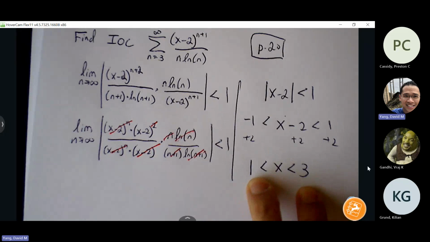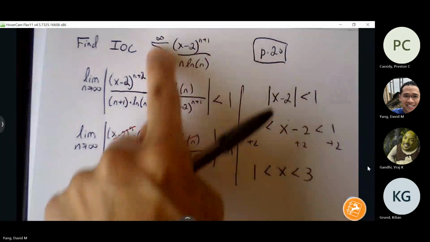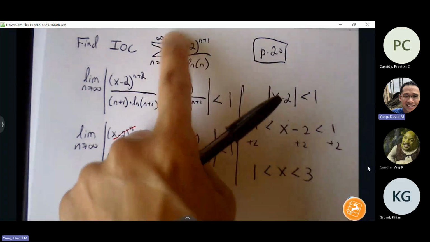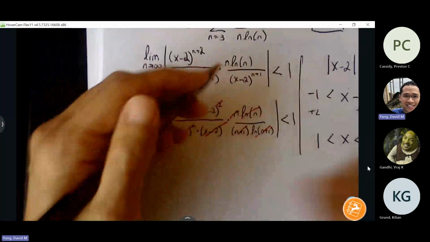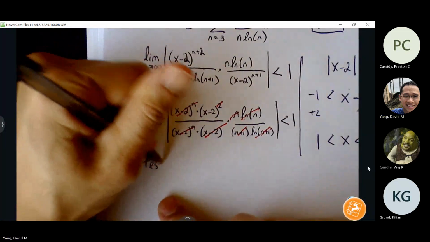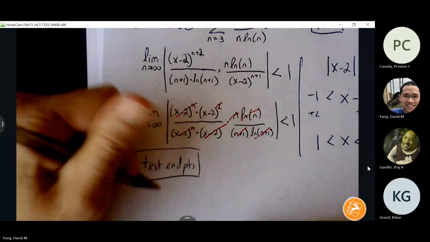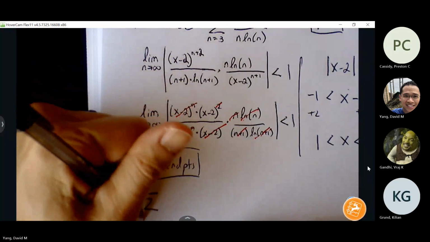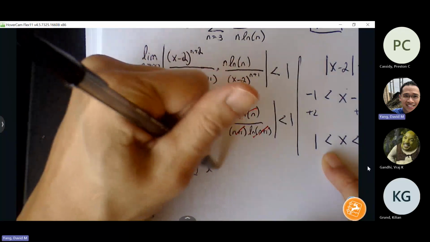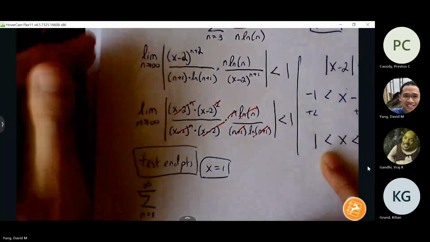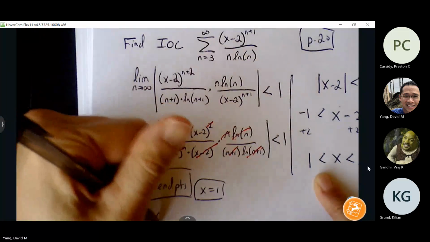The way we test endpoints is we plug 1 and 3 into the original series in for the x's and then see what we can do with that. So, test endpoints. I'll test x equals 1 first, so 1 in for x.